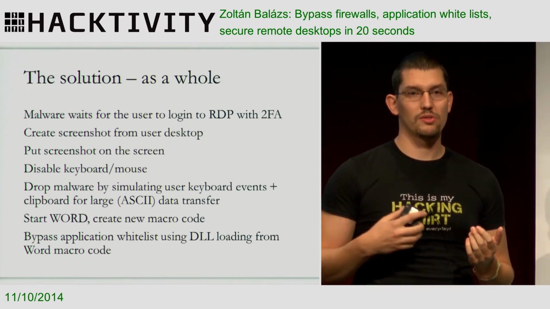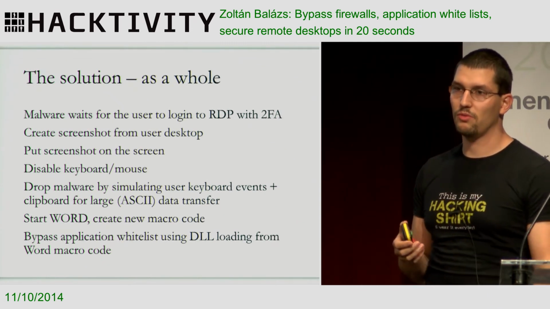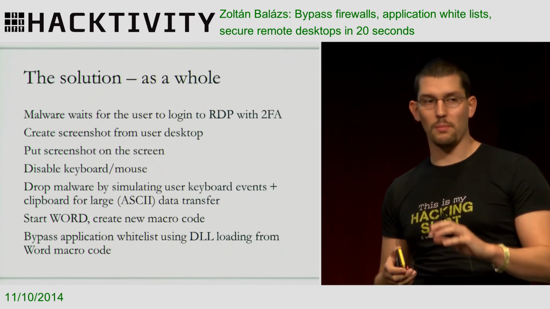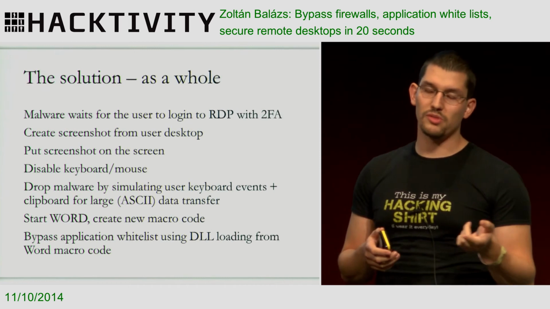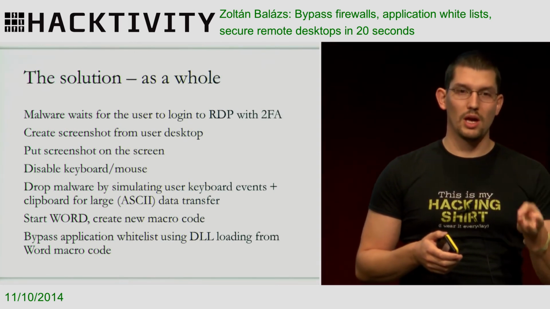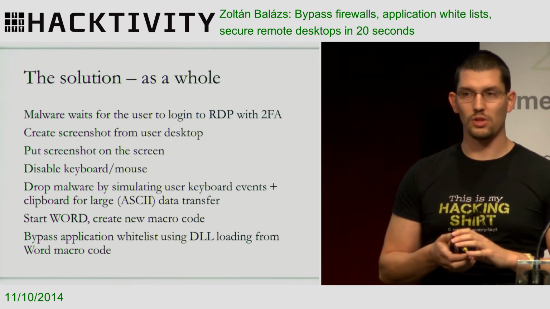Meanwhile, my malware is simulating the keyboard events in the background, and because the RDP server is the active window, everything will happen there. So my malware starts WinWord, drops the ASCII encoded payload, creates the macro code, and the macro code running will write out all the binaries which are needed for the attack.